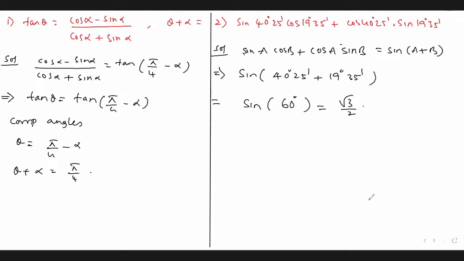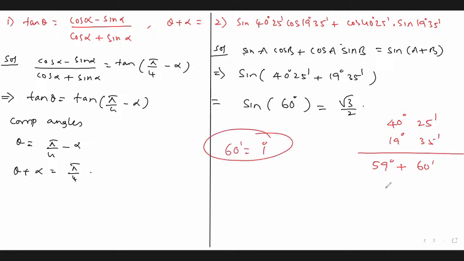I am going to do here if you want. 40 degrees 25 minutes, 19 degrees 35 minutes, right? So 59 degrees plus 1 minute, that is 60 minutes. You know very well, 60 minutes is equal to 1 degree, so which is equal to 60 degrees. Copy this one.